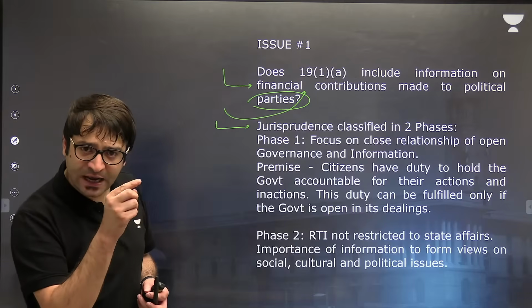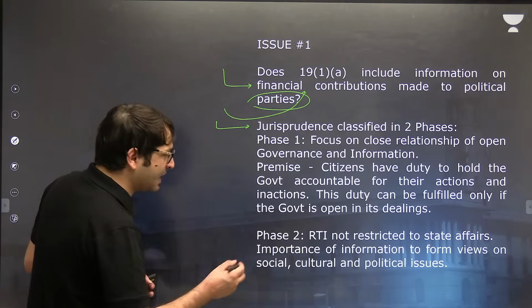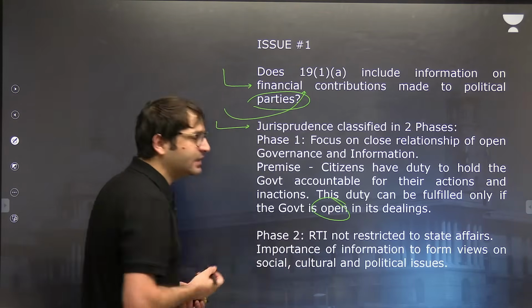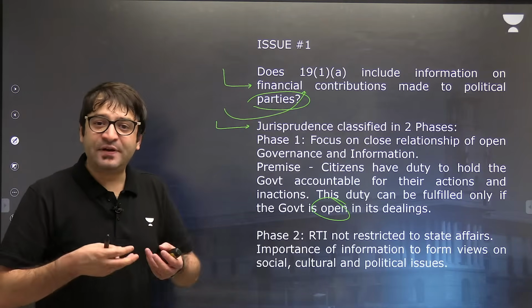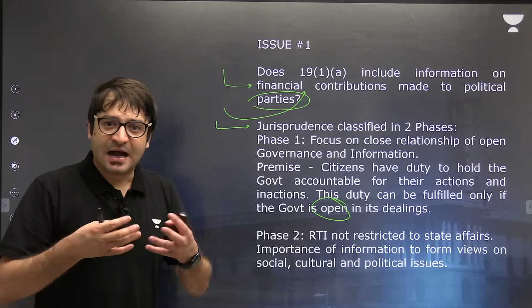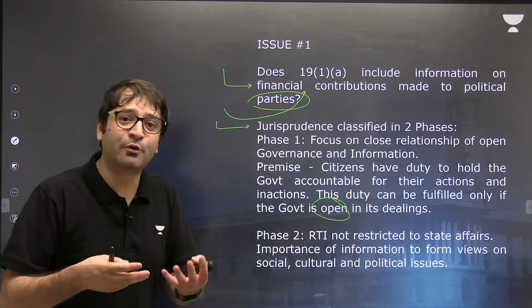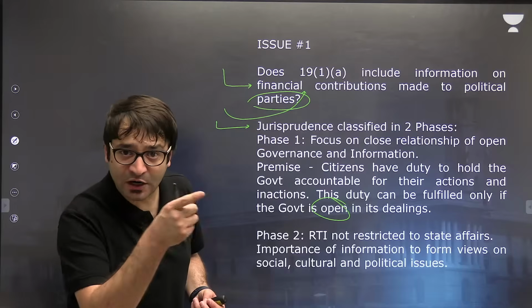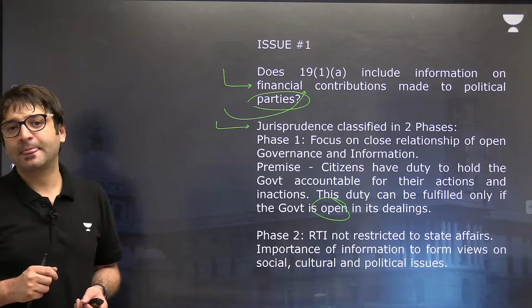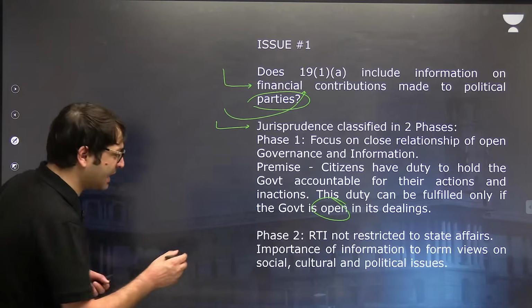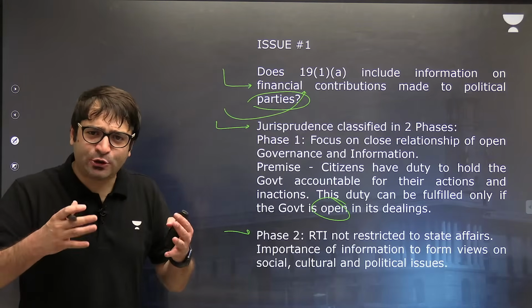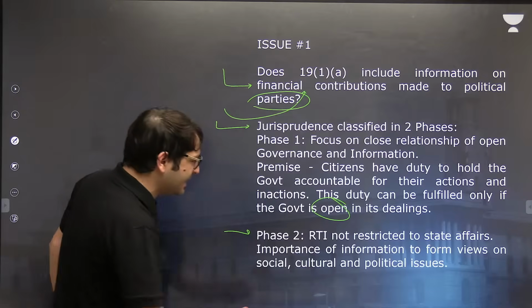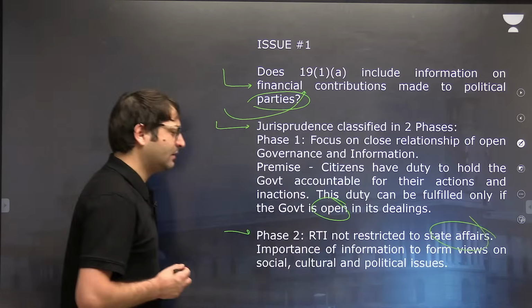How can you hold the government accountable if it is not open in its dealings? That is why we need the government to open up. We need the government to tell us how it is taking decisions, how it is giving contracts to different entities. But the Supreme Court said in phase 2, we don't want RTI, the right to information, to be restricted to state affairs only.